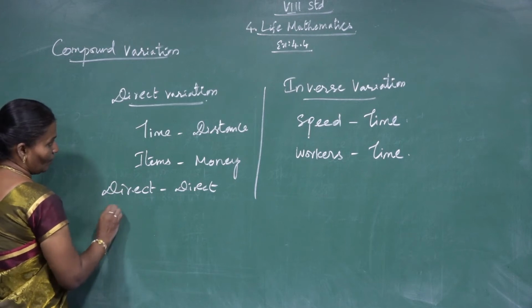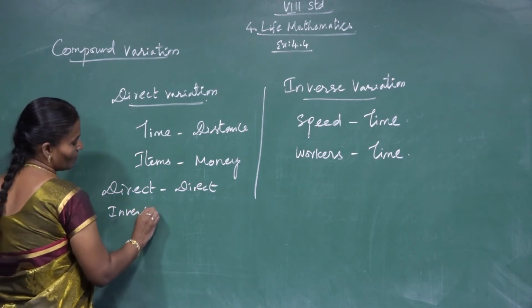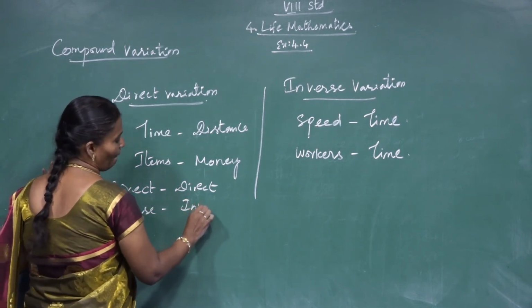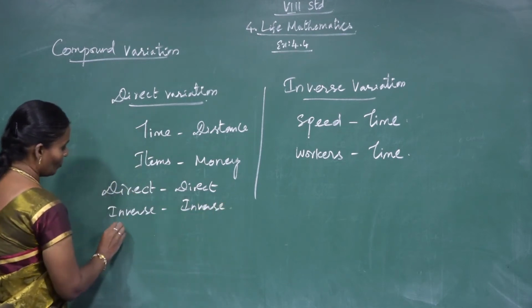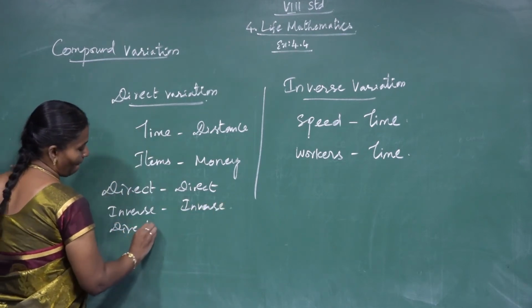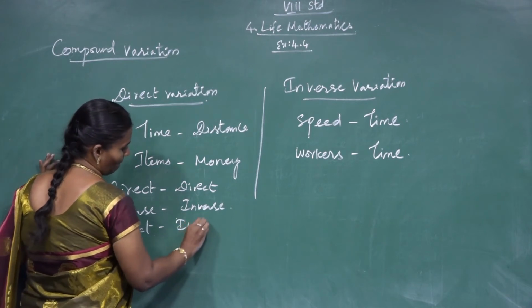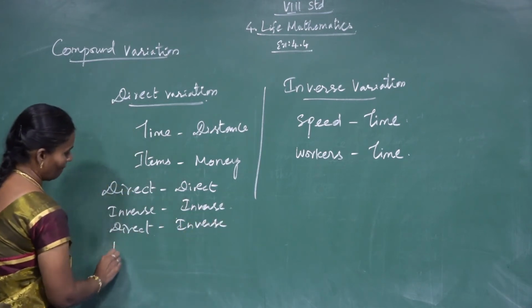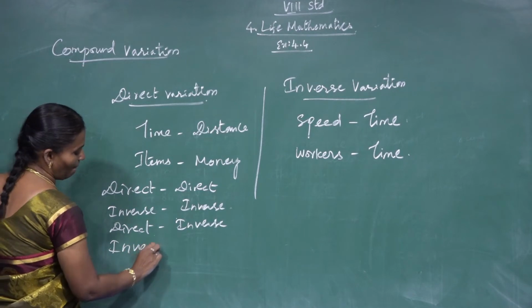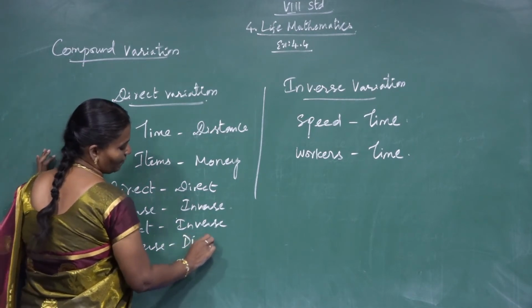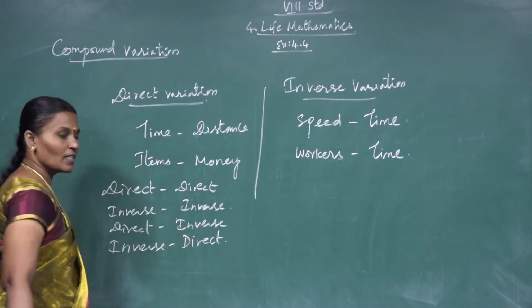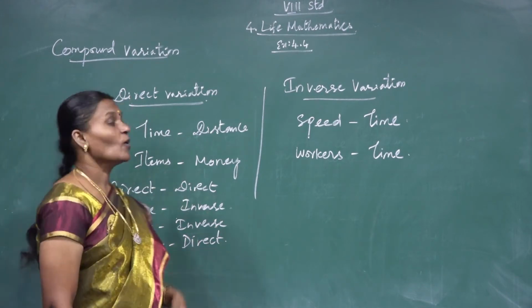Then inverse, inverse. Then one more, direct, inverse, then inverse, direct. These are the possibilities in the compound variation.